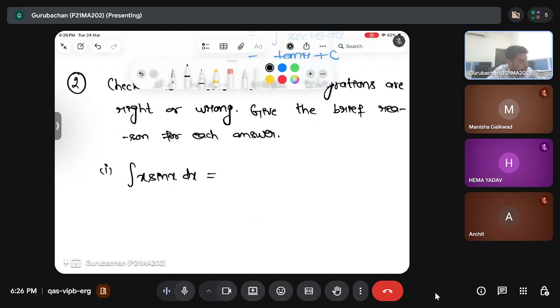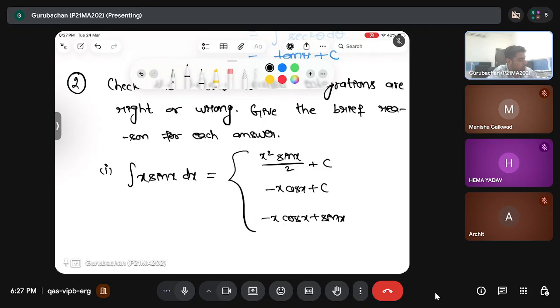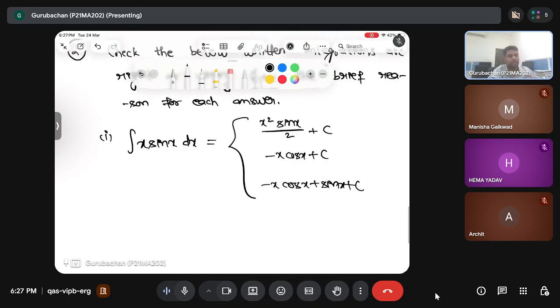So I'm giving you the possibilities, and out of these, which one is the correct one? x squared sin x divided by 2 plus some constant, minus x cos x plus constant, minus x cos x plus sin x plus constant. Out of these three, is there any correct integration or not?